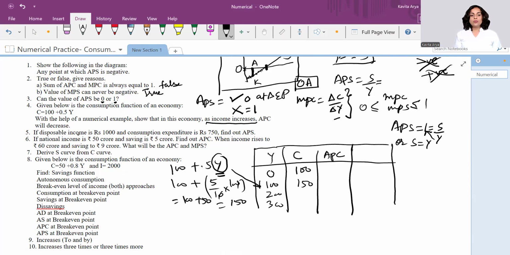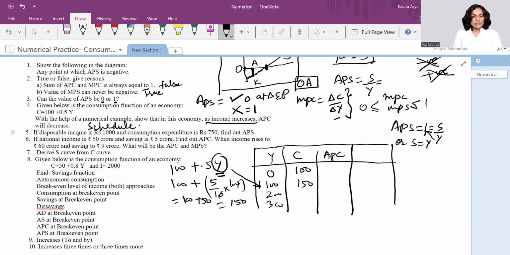So this way you have to justify with a schedule. And if you're not making a schedule, it would be best to show it with the help of cases: case 1 when Y is this, C is this, APC is this. Case 2, Y is this, C is this, APC is this. So this way you have to give 2-3 cases wherein APC would be shown decreasing in every step.